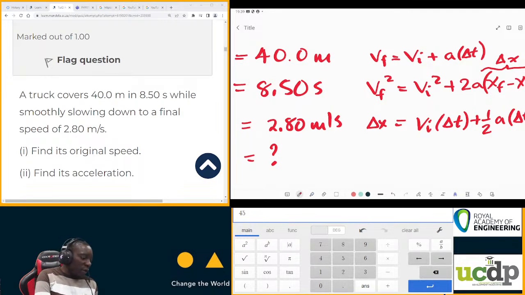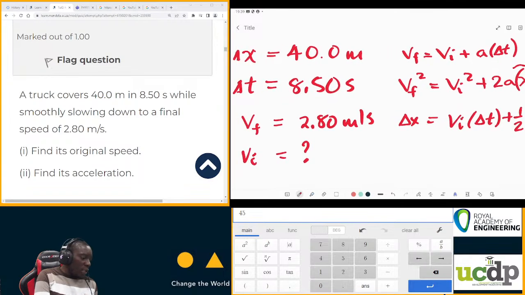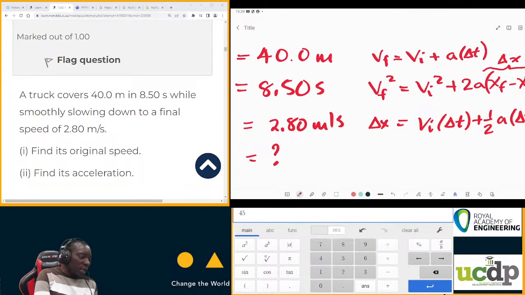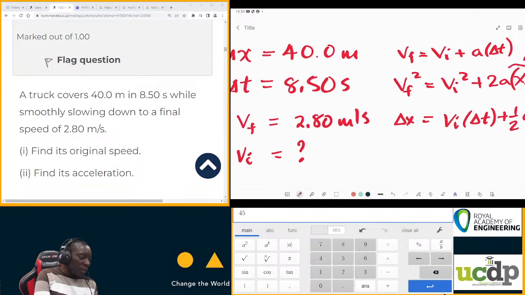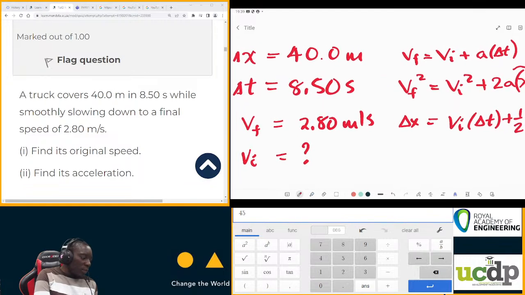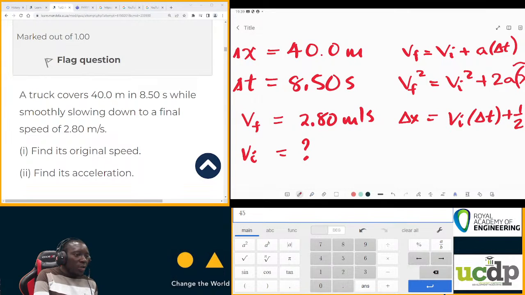We don't have a. So we need to choose the most appropriate equation so that we find the acceleration and the original speed. So what do you say we do?